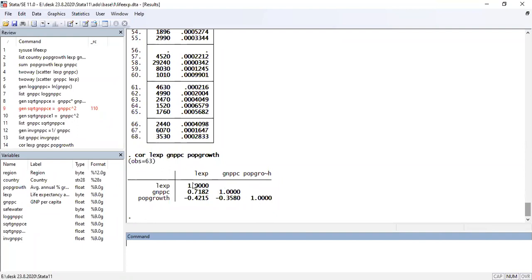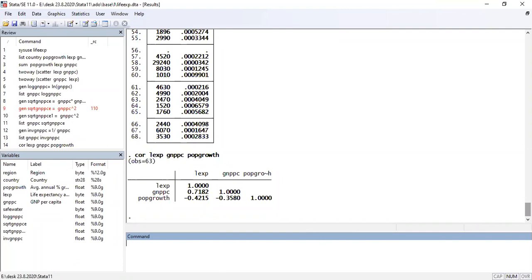They are calculated mechanically, these diagonal elements. And the last one, population growth with itself: any variable with itself, the correlation coefficient will obviously be 1. It's a perfect 100% relationship. Not interesting for us. For us, we want to know the relationship between these variables here. So that is the correlation coefficient.